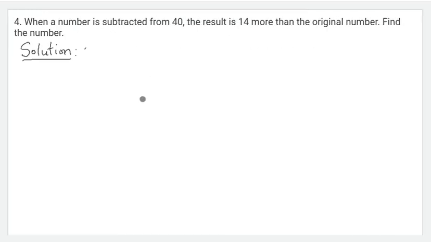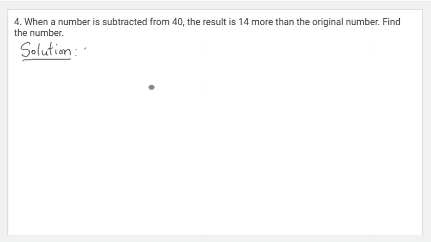When a number is subtracted from 40, the result is 14 more than the original number. Find the number. We have to be careful with words here. Remember, it's a word problem. So analyze your word problem down to the minutest detail, and then take your workings from there.